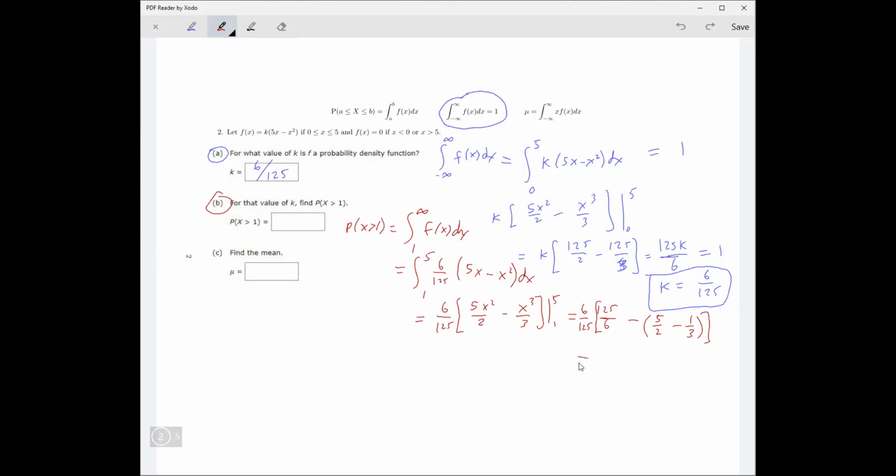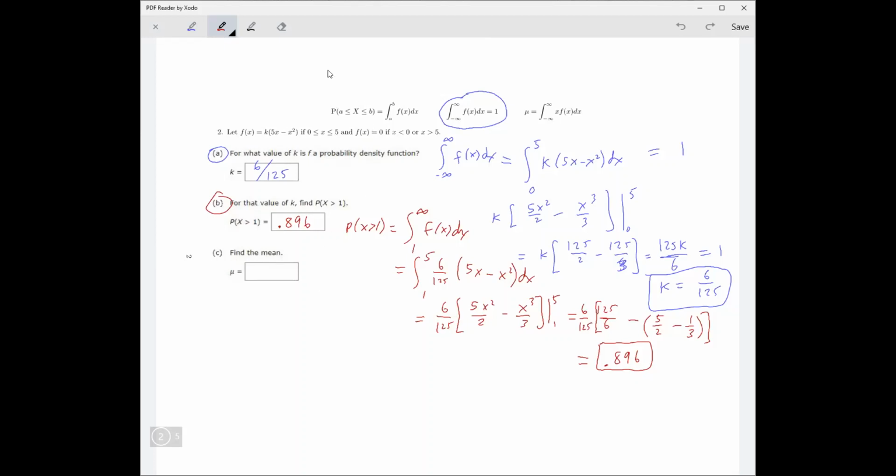Okay, so we get that, and that turns out to be 0.896. That gave me a decimal that just works out. I guess I could put that in fractional form and it'd probably still work out.